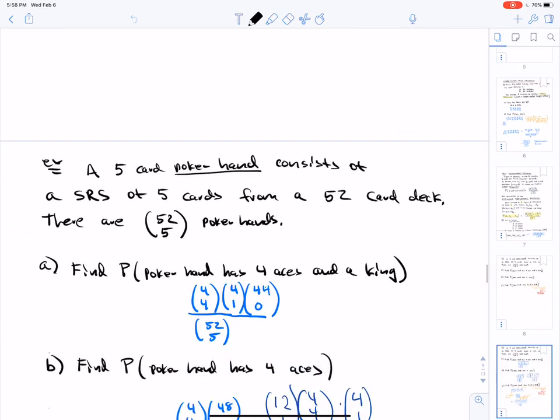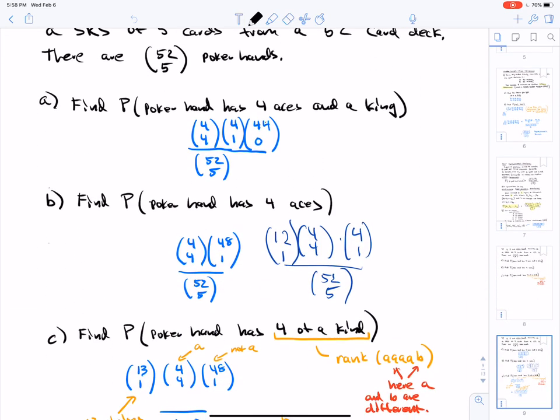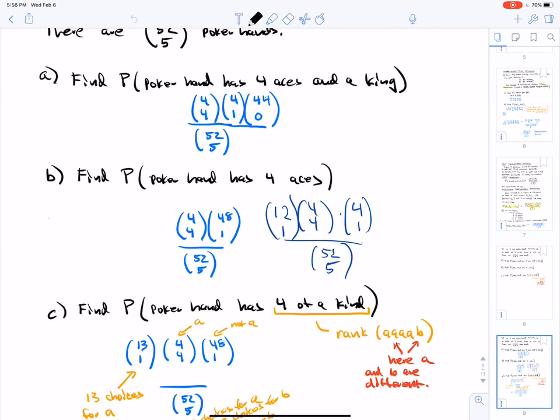So here, the poker hand has 4 aces. So we have 4 aces, of which we choose 4, 4 kings, of which we choose 1, and 44 non-aces or kings, of which we choose 0, divided by 52 choose 5. Now 44 choose 0 is obviously 1, so you don't have to write it, but just for pedagogical reasons, I wrote it here.